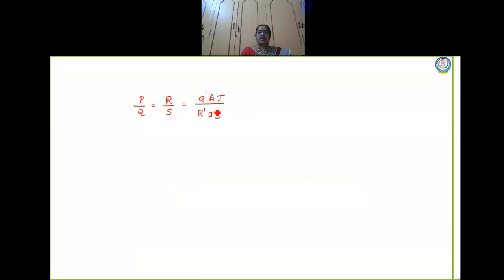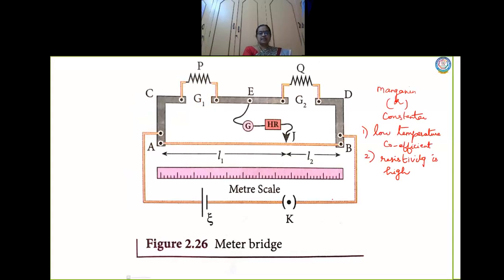Now what is this R dash? R dash is resistance per unit length of the wire. Now look at the diagram once again. L1 is the balancing length, right?